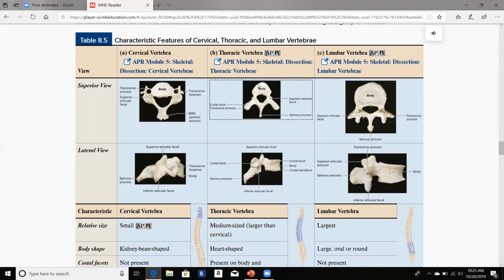The thoracic cavity holds the heart, so the body of the thoracic vertebra kind of mimics an upside down heart. And then here you have the lumbar vertebra, which is the biggest one. The shape of the lumbar vertebra is said to mimic a moose's head. And then the cervical vertebra would be the smallest.